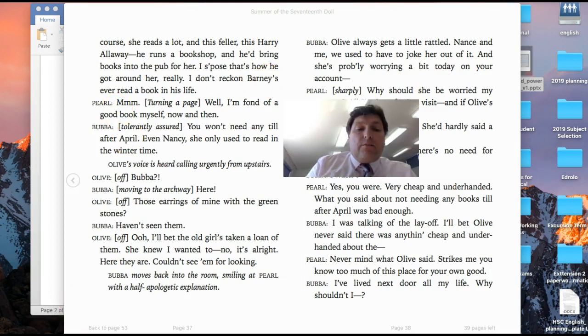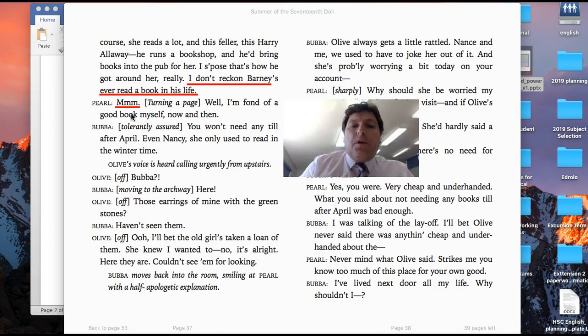Okay, you look at this little part here. Pearl, who says, you've got here, I don't reckon Barney's ever read a book in his life. And Pearl says, turning a page. That delivered on stage, of course, is sardonic and nasty and brutal. Well, I'm fond of a good book myself now and then.